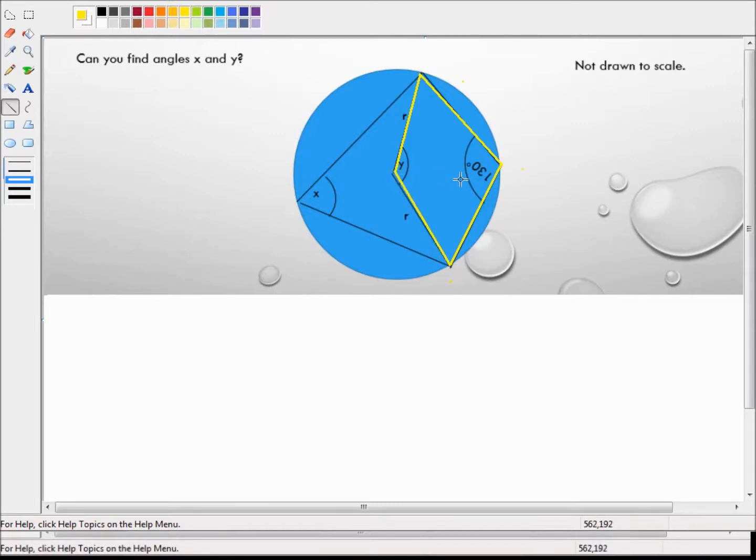This is not a cyclic quadrilateral, and the rules about cyclic quadrilaterals do not apply here. A cyclic quadrilateral must have all 4 vertices touching the circumference, and in this case this vertex does not touch the circumference.